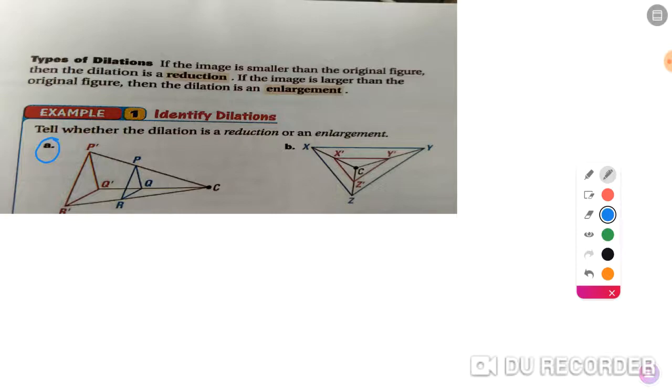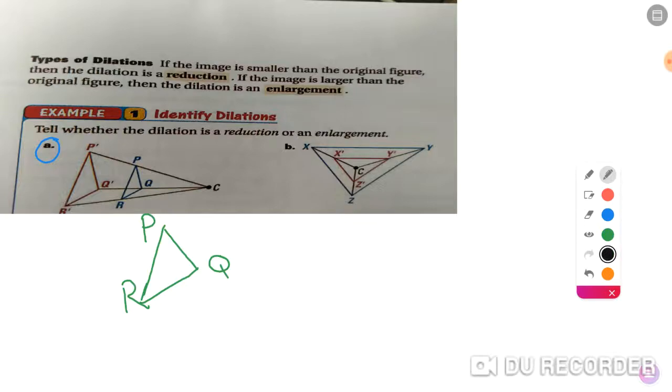Here you need to identify which triangle of these two triangles is the image and which one is the original one. Okay? So guys, you can always find the original figure by its name, PQR for example. This will always be the original figure since you don't have any primes in these vertices.